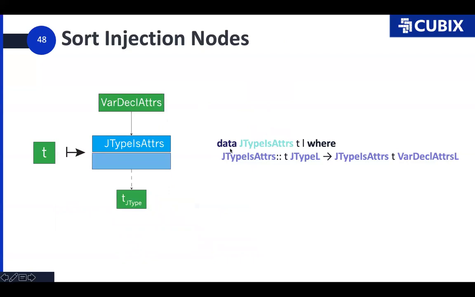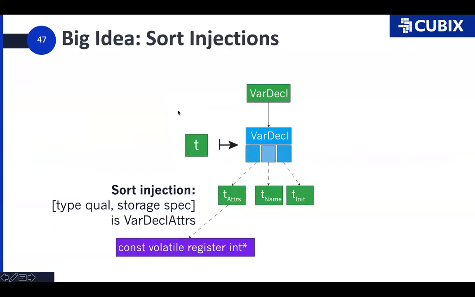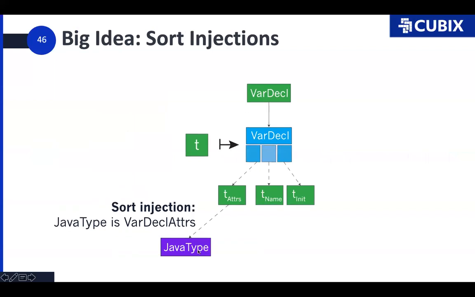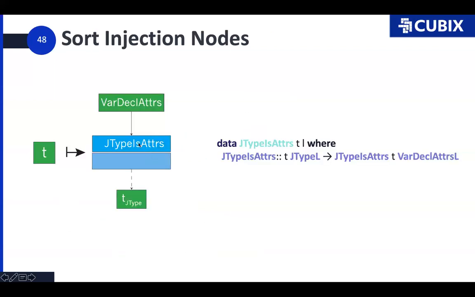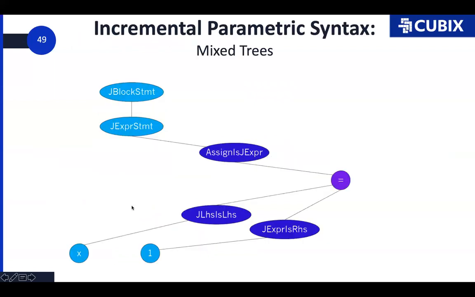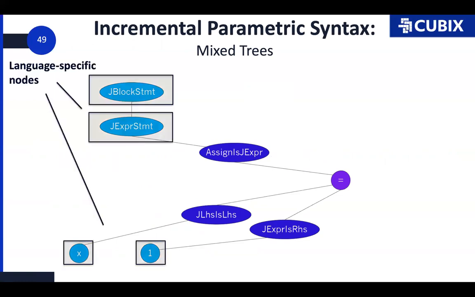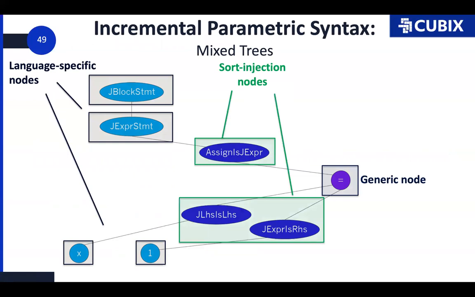So you say this edge from variable declaration to Java type is going to be a node of sort variable declaration attributes, which has one child of sort Java type, and that is a sort injection node. And so this is how Cubix represents ASTs as a mixture of language-specific and generic parts. And the glue between them is these sort injection nodes. They control where the generic nodes can go in the larger tree.